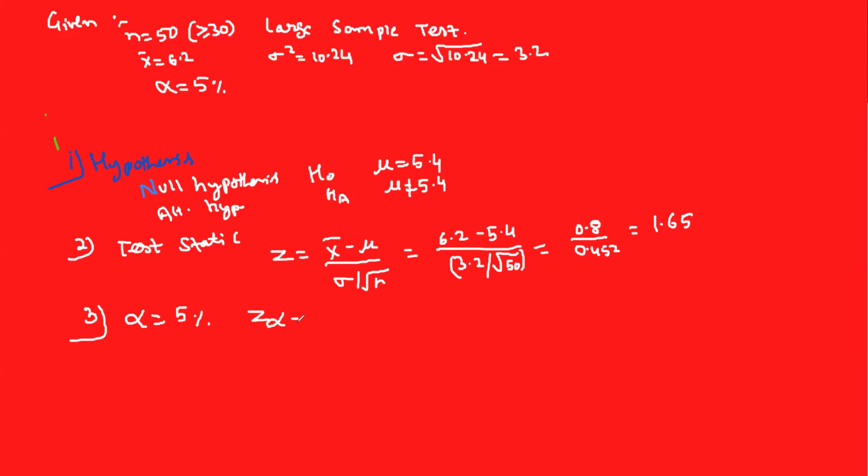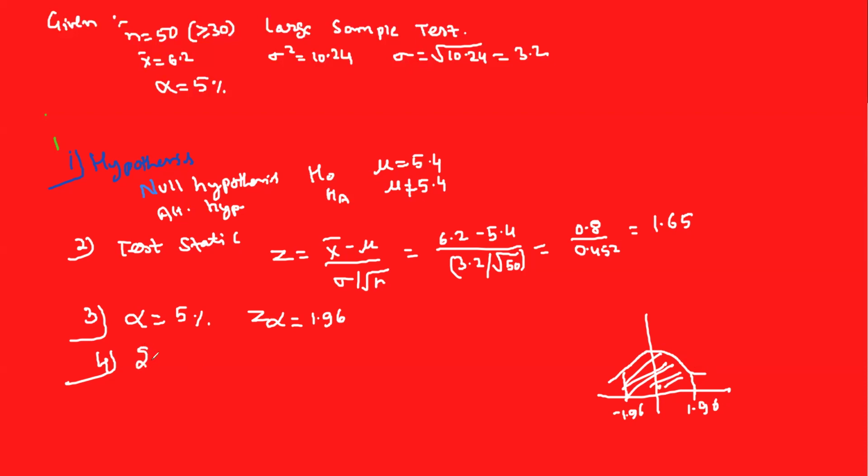So Z alpha will be, and you can see this is minus 1.96 and this is plus 1.96. So 1.65 lies between these, right?